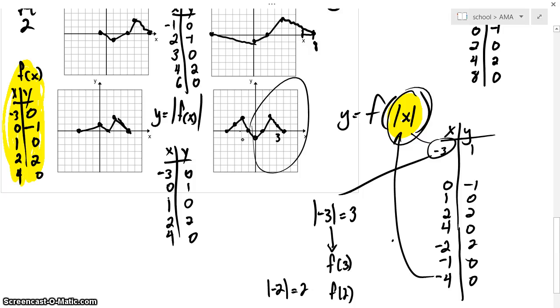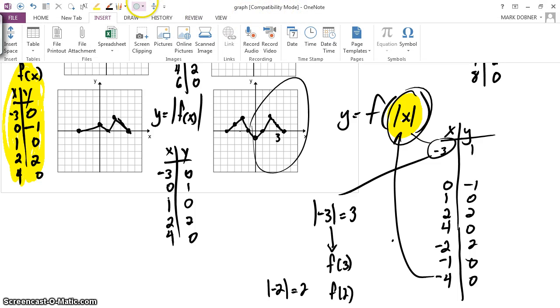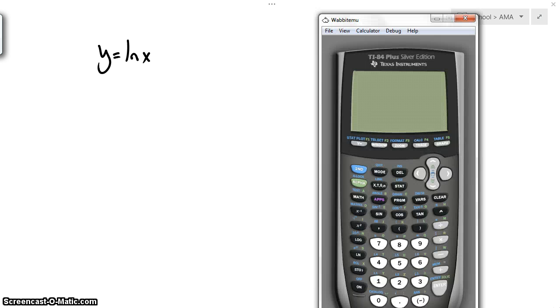Let me give you another bit of help that might help you see this. I'd like for us to look at another function that might be a little bit more familiar to you. Let's take a look at a function that I know you've seen before, the graph of the natural log of x. And to help you out very quickly, let's even graph that on the graphing calculator.